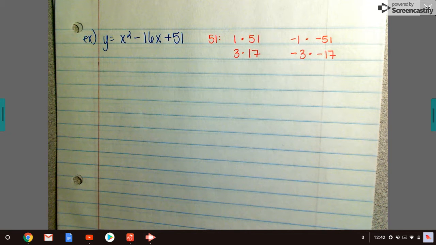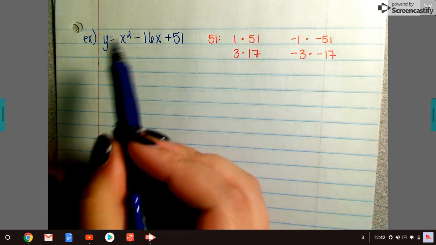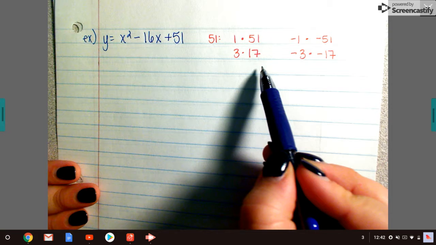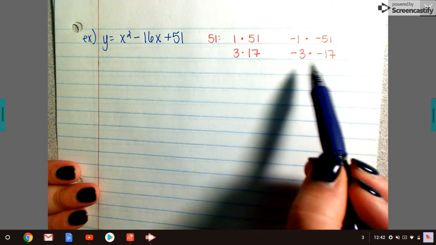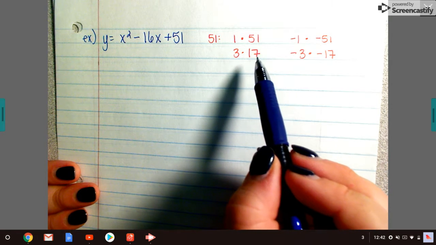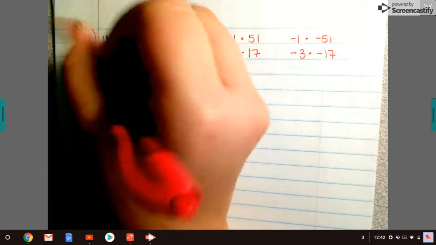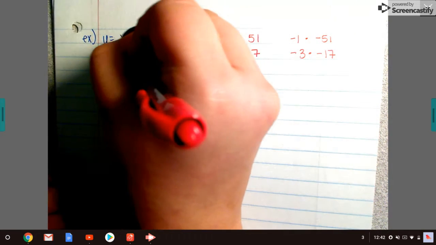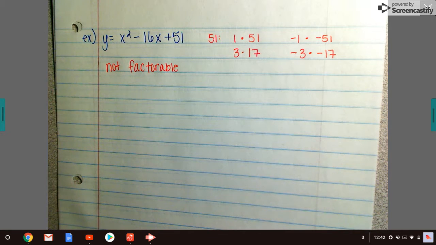No, they don't. None of these combine to make a negative 16. So if you come up with a situation like that, be very sure that you have all your factors. And if you do, then you can come to the conclusion that this simply is not factorable. This is not factorable.